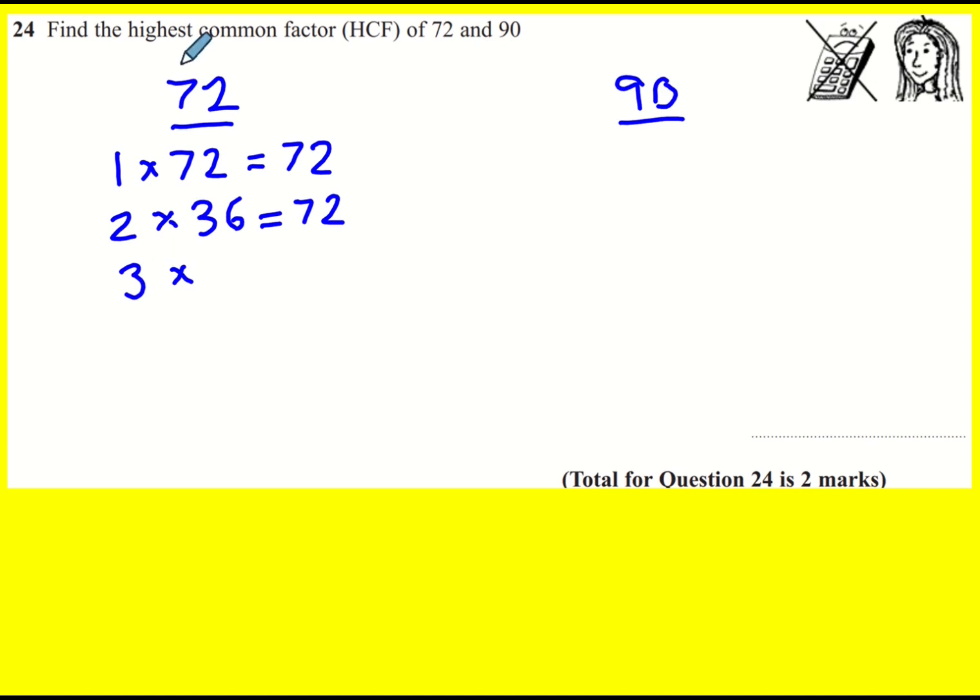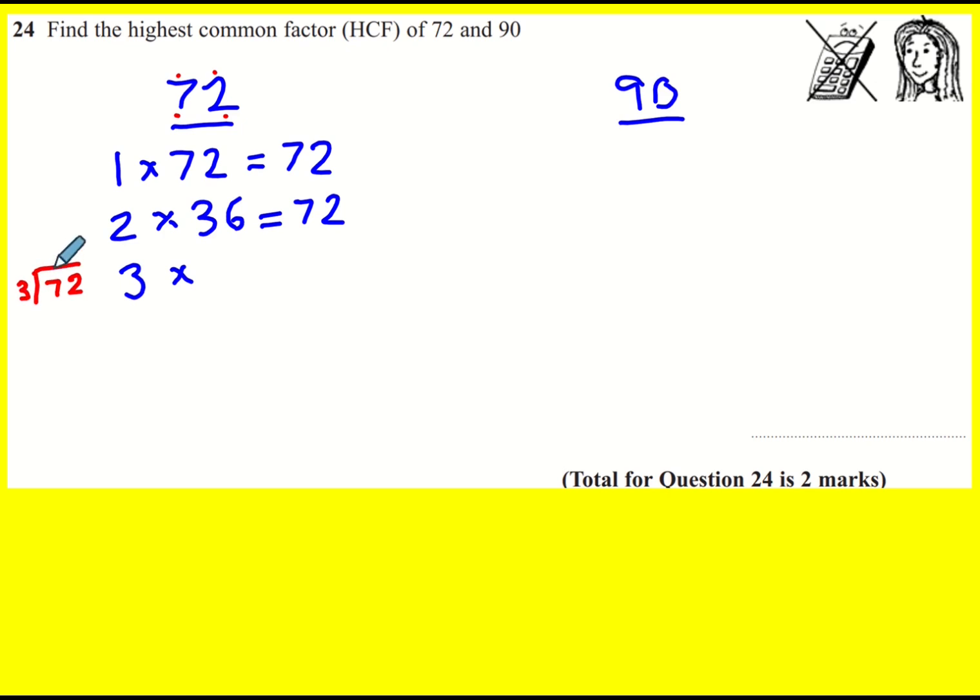Well, because 7 plus 2 makes 9, and 9 is divisible by 3, so that's a little trick to work out whether 3 is a factor: you add together the digits of the number. So 7 plus 2 gives you 9, and if that is in the 3 times table, then 3 goes into the number. And I'm just going to do a quick calculation to work out how many 3s are in 72.